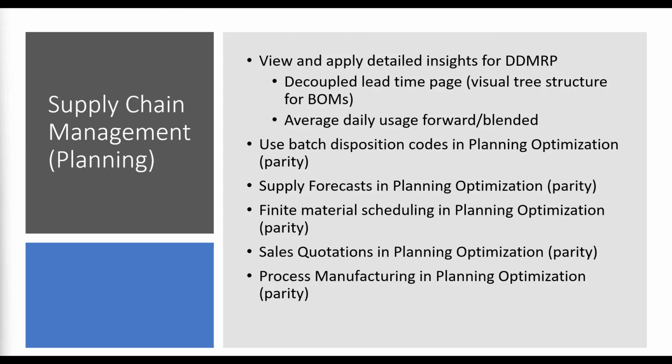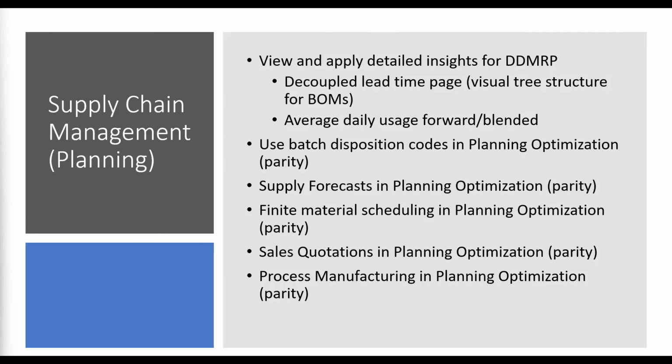The sales quotations, right? I think in AX 2012, we even had a setup in the master planning where you could define at what percentage that becomes a demand source, right? Well, they've added that now back into the planning optimization. And then also process manufacturing is now inside of the planning optimization engine. So we're making some really good progress here from a planning optimization perspective.